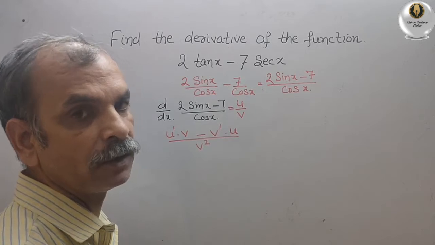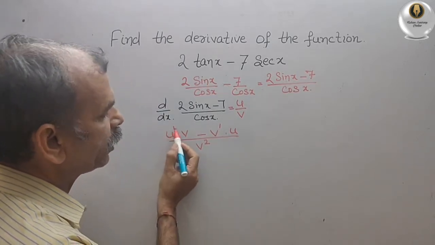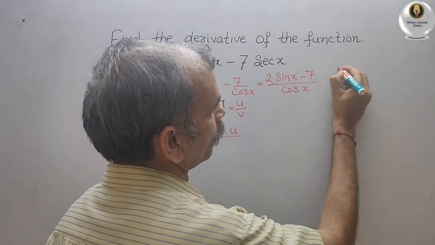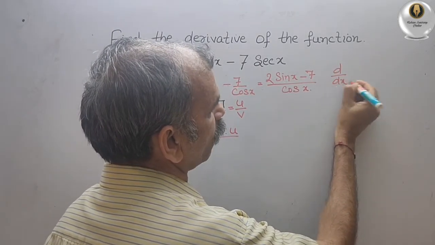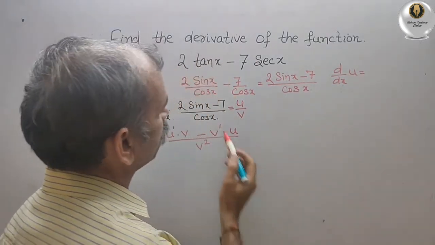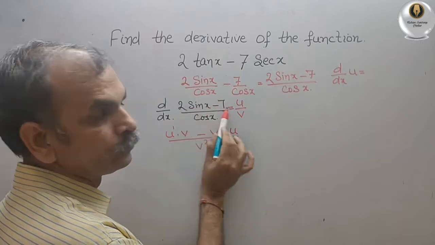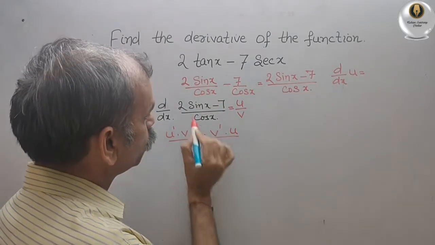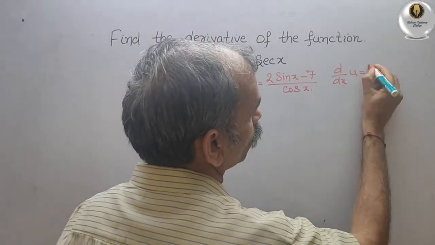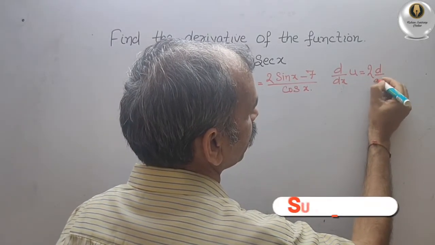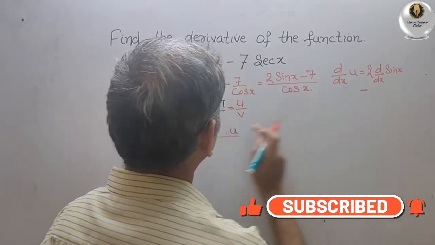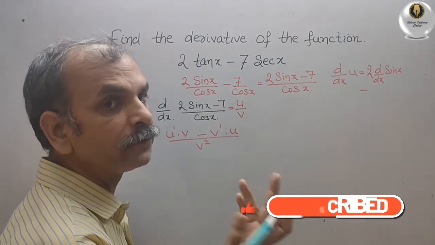Now we will find the value of the derivative of u. That is d by dx of u, you can see here u is this value. That is 2 d by dx of sin x minus d by dx of 7.